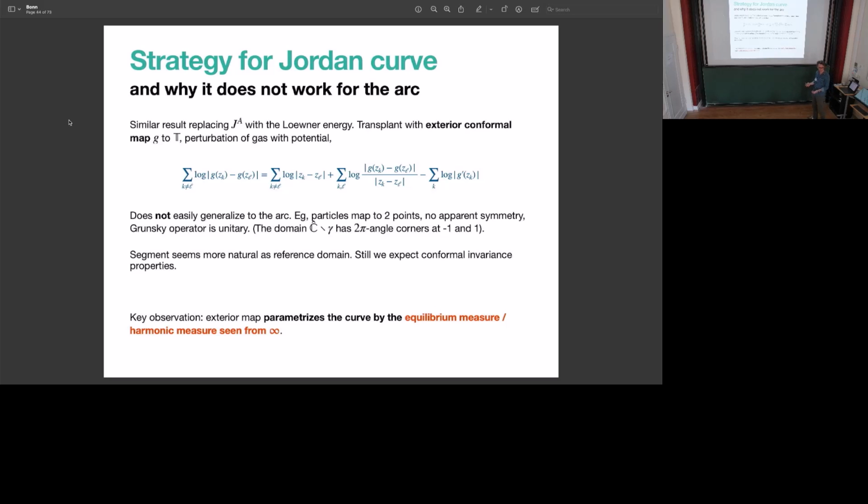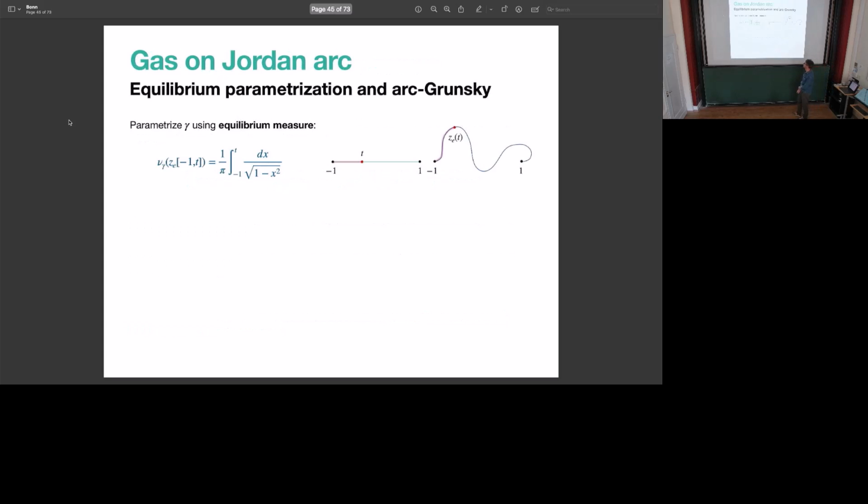But another thing it does for you is to parameterize the curve by the electrostatic equilibrium measure, also known as harmonic measure, seen from infinity. And this second property is the correct one to generalize. It's not the mapping property. So what to do? We are going to parameterize our arc by the equilibrium measure.